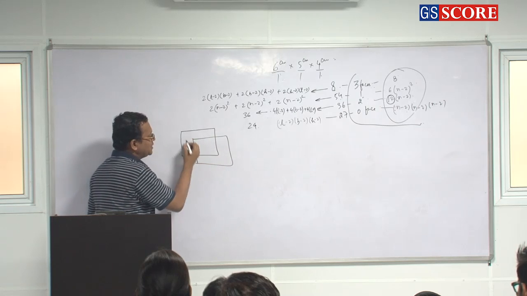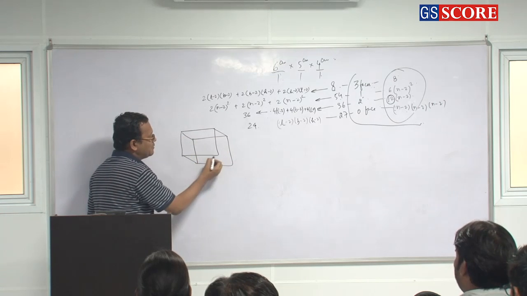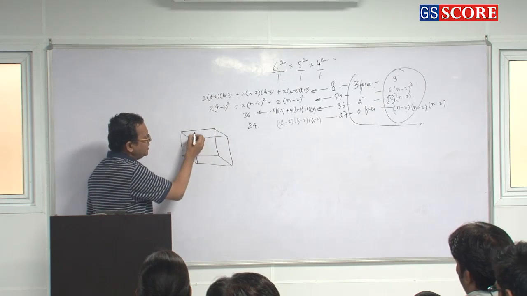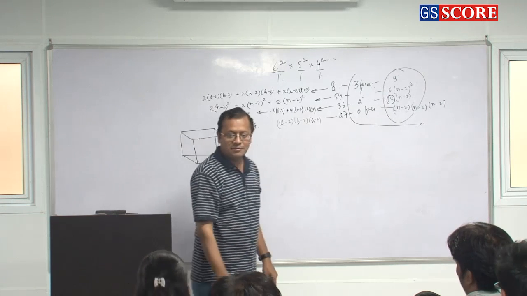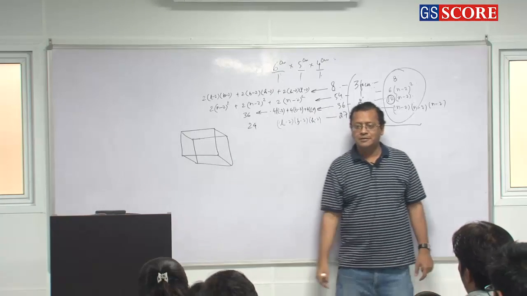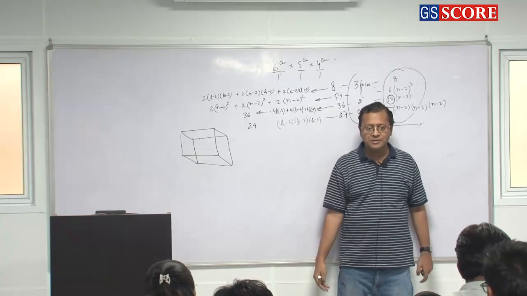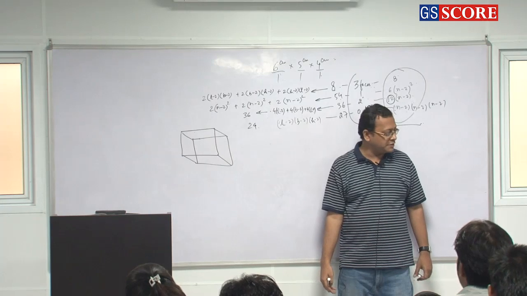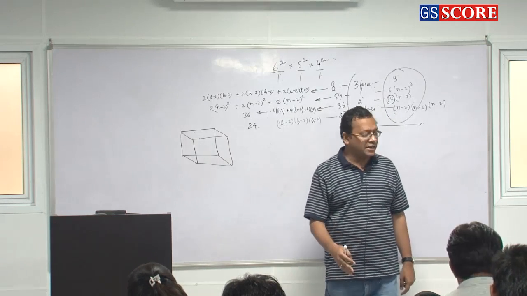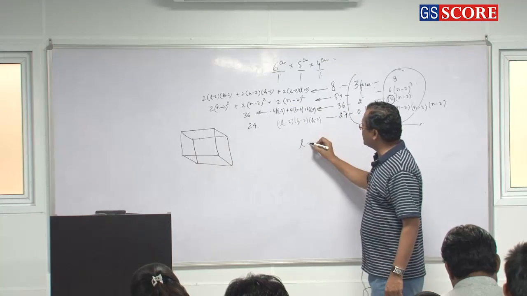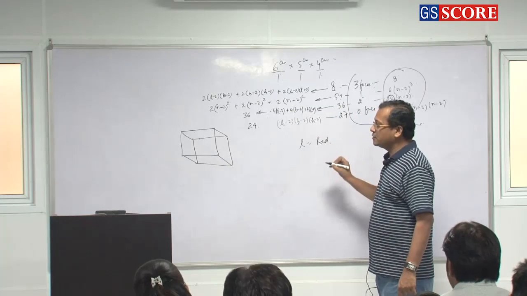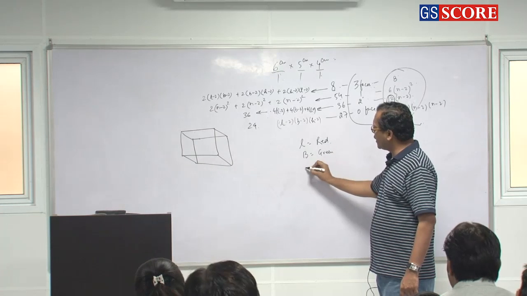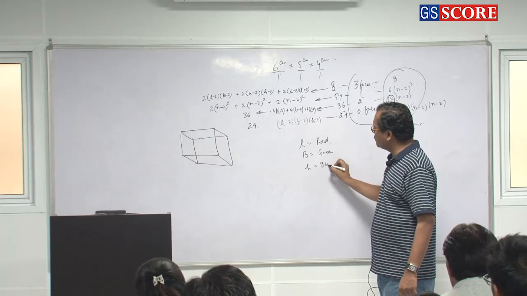Okay, but I also have to do syllogism, so please remember that. Say top face is red. Side faces is green. Top faces is red, which means lengthwise it is red, breadthwise it is green, and height-wise it is blue.